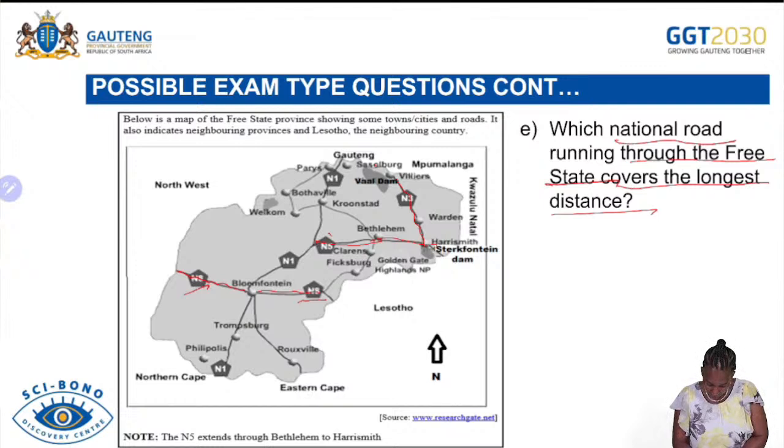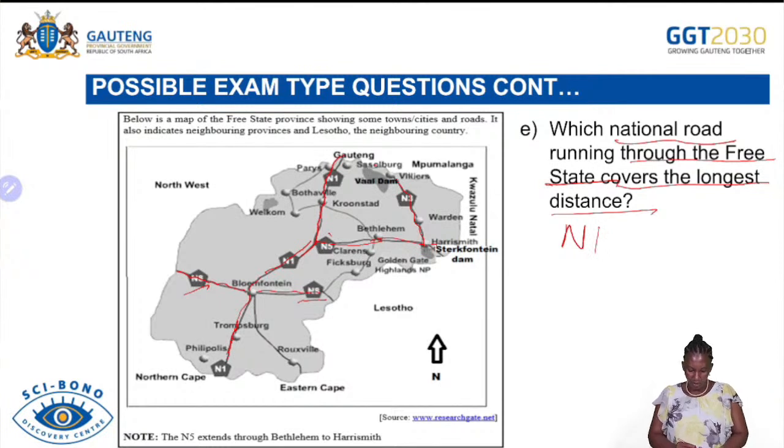Then now, the one that covers the most, it is N1. N1, look at where it starts. From the Northern Cape, it goes direct to Bloemfontein. And then even from Gauteng via Kroonstad, it is the N1, still the N1. So our answer is N1. You see, boys and girls, it's so easy to identify the answer.